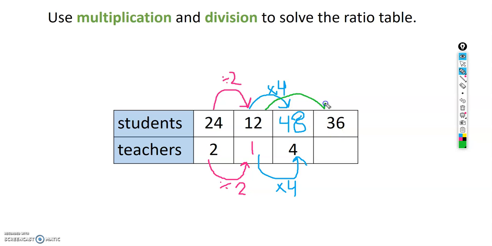So I can go from the 12 to the 36. 12 times what? Well, I know it's 12 times 3. Since I moved from the third box, I'm going to move from the third box again. 1 times 3 is, of course, 3. So whenever there are 36 students, I'm going to need 3 teachers.